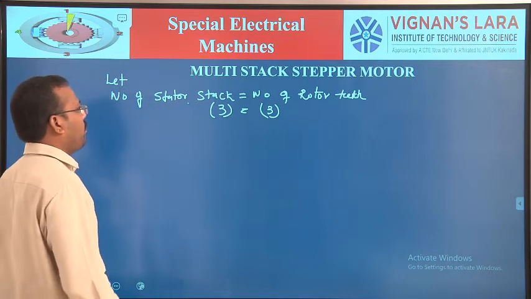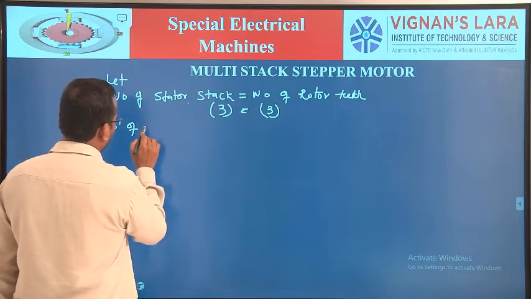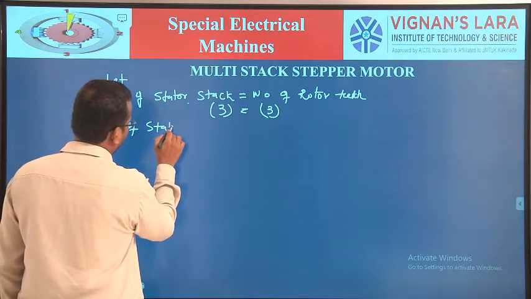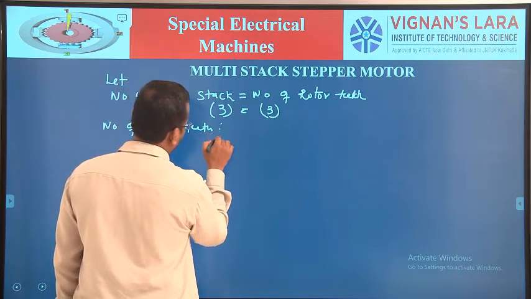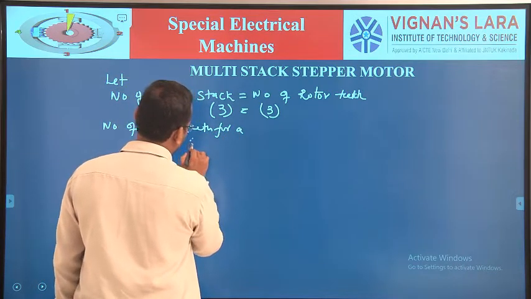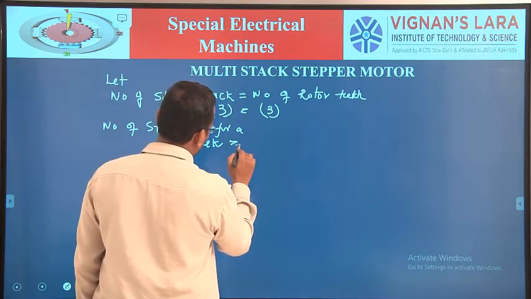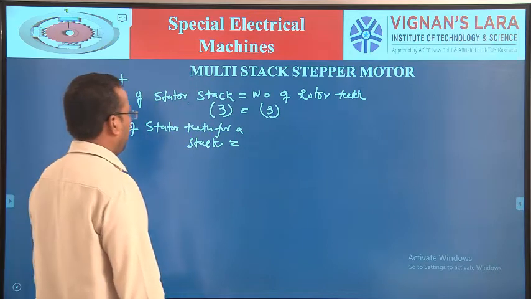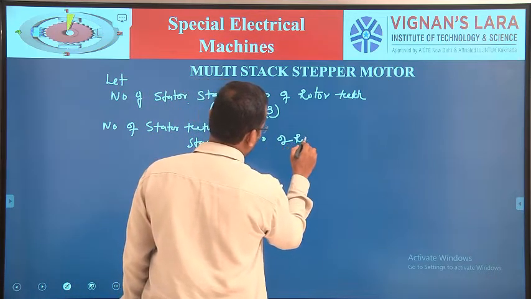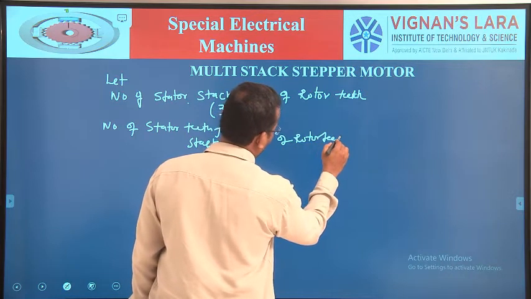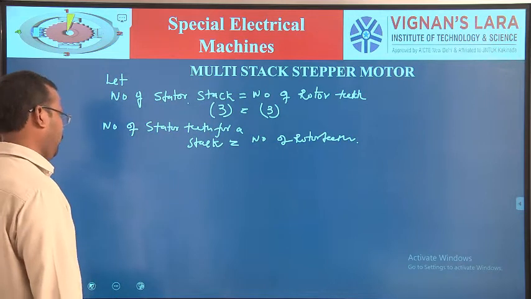Another important point is that the number of stator teeth for a stack is equal to the number of rotor teeth.